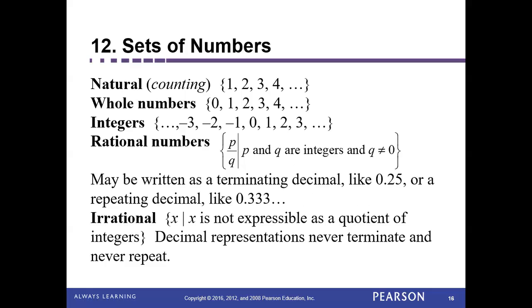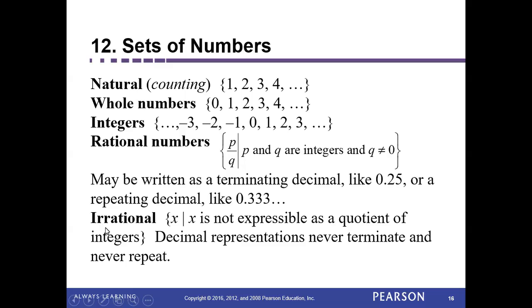Next, irrational numbers. Their decimals do not end and they do not repeat. There's no pattern to the decimal. Also, irrational numbers tend to be radical numbers.